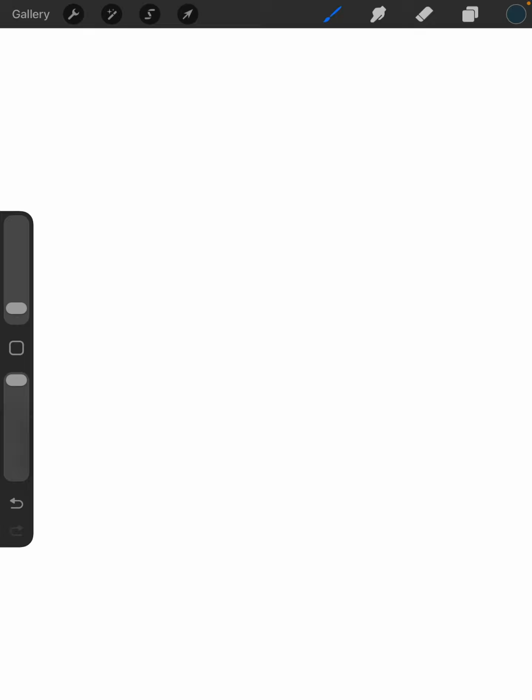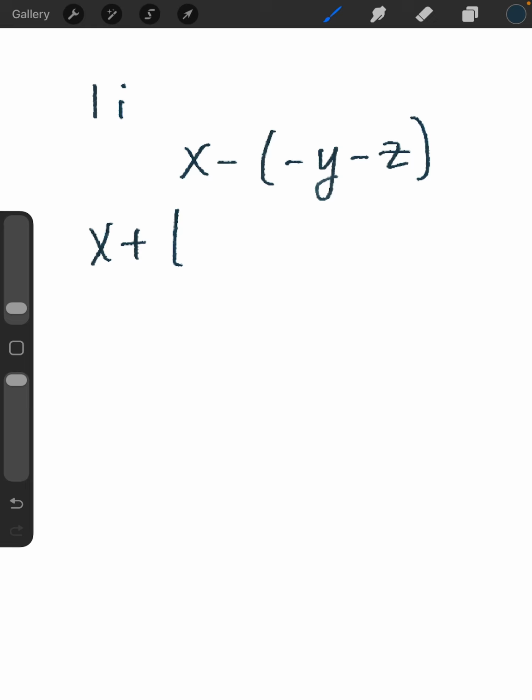All right, let's look at task 1I on page 100. And task 1I says x minus negative y minus z. So, however it's easier for you to open these parentheses, I say imagine that this is x plus negative 1 times negative y minus z, right? Might be a little bit easier.